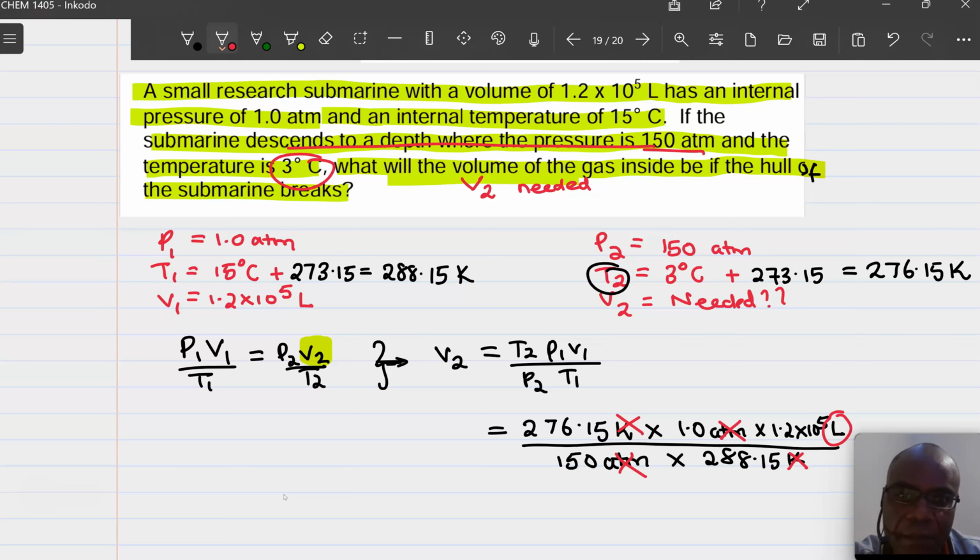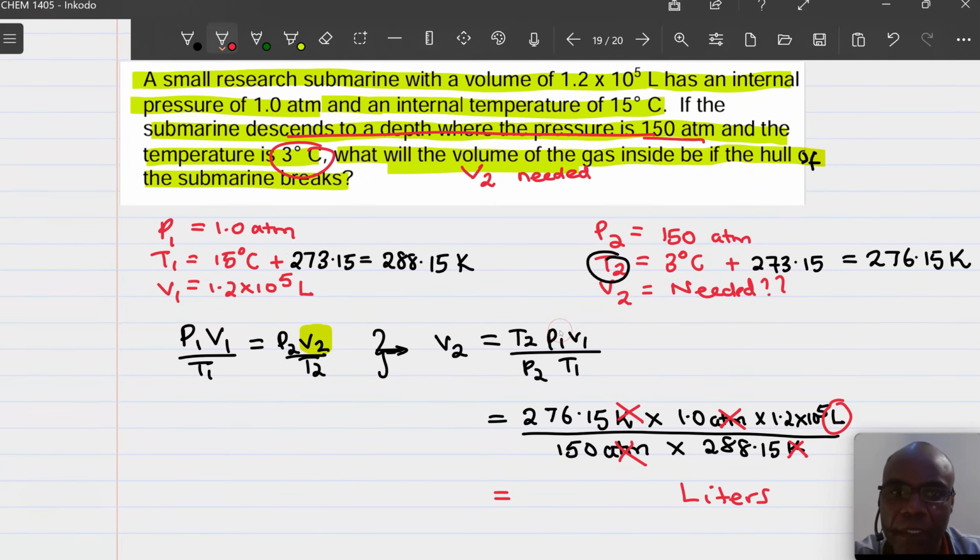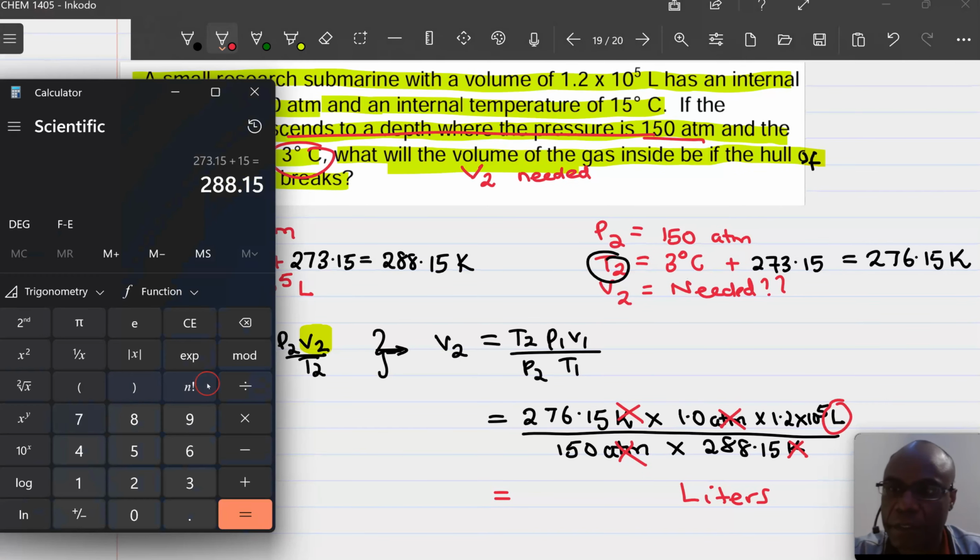Our SI units left is going to be in liters. There it is. And we do the math. Let's see what we'll get. So clear, 276.15. I'm multiplying by 1.2 exponent 5.